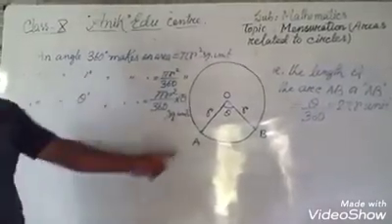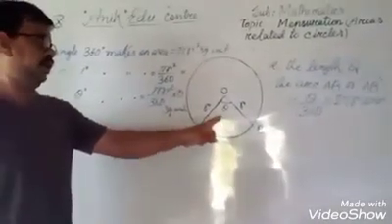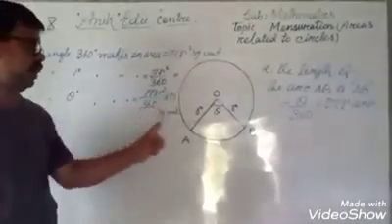Now, as you know, it is the minor sector of the circle, and its area is pi r square by 360 into theta square unit.